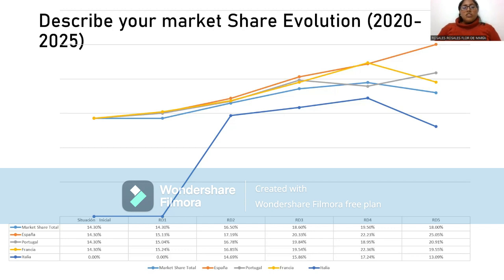RD5: Spain 25.5%, Portugal 20%, France 90%, 55%, Italy 30.9%.